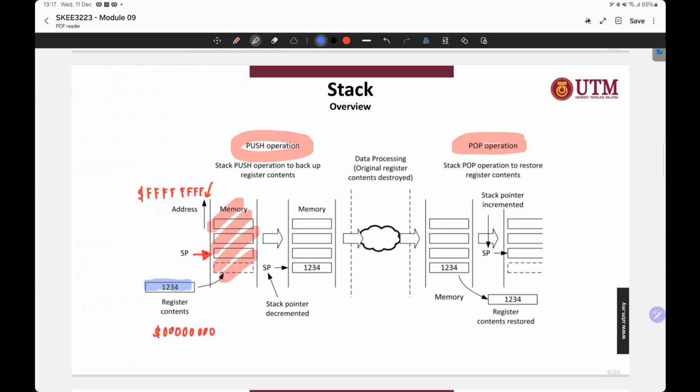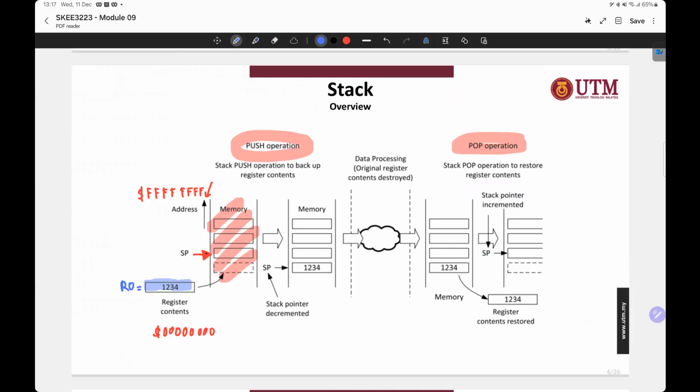How to do it? Let's say this data is from R0, and inside R0 you have the value 1, 2, 3, 4, and you're going to put this 1, 2, 3, 4 to your stack memory.